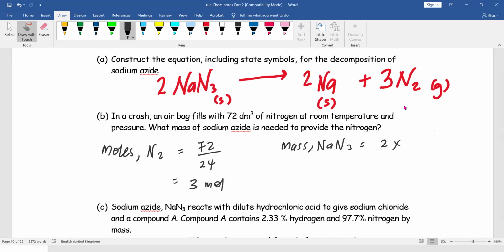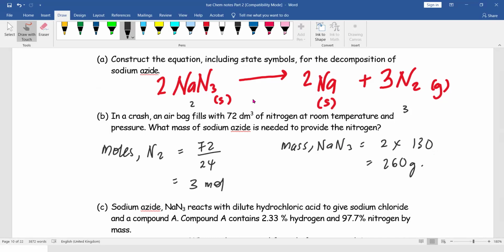No, it's 3 to 2. So if it's 3 to 2, it's just 3 to 2. So it's 2 times what, sodium azide? 23 plus 14 times 3 is how much? The answer is so big. 130, and then you get 260 grams. Correct?